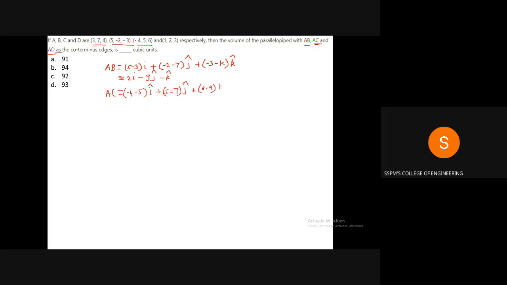If we solve this, side AC is equal to minus 7 i cap, minus 2 j cap, plus 2 k cap. That is the vector representation of side AC.